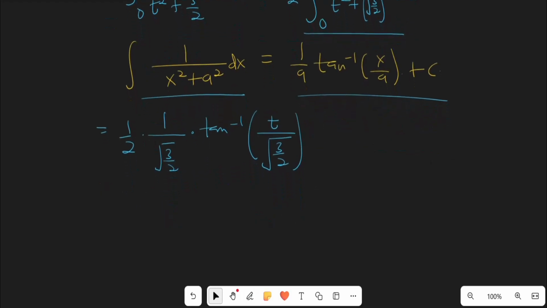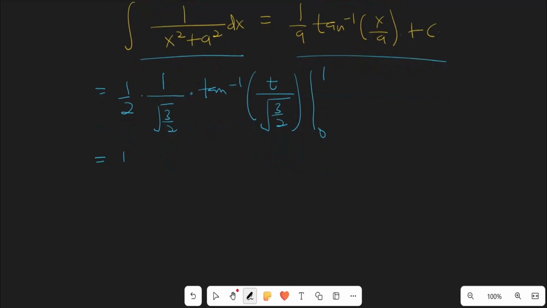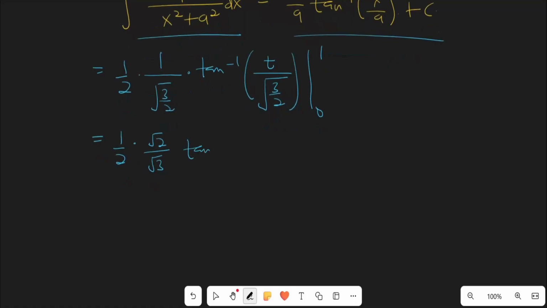So we are done with the integration. We are going to take the limits from 0 to 1. This can be written as 1/2 times the square root of 2 over the square root of 3, like that, times tan inverse. When you plug in 1, you get 1 over the square root of 3 over 2, so that is the square root of 2 over the square root of 3.